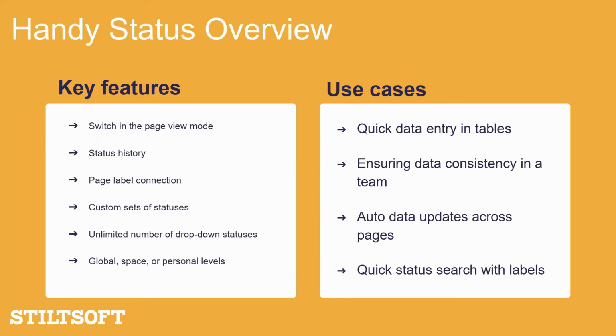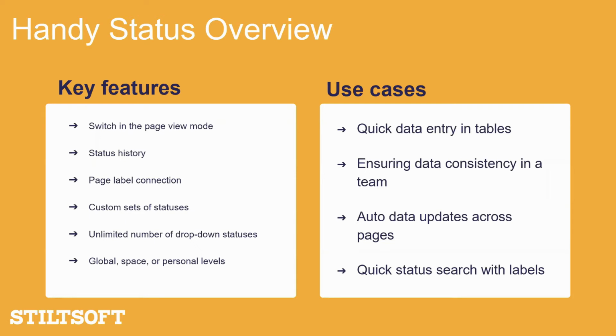Space admins can create space status sets, and every Confluence user can create their personal status sets just to keep everyone with what they really need. So if you need 10 statuses for your own purposes, but your teammate doesn't need them, no problem. Just create your personal status sets and use them.